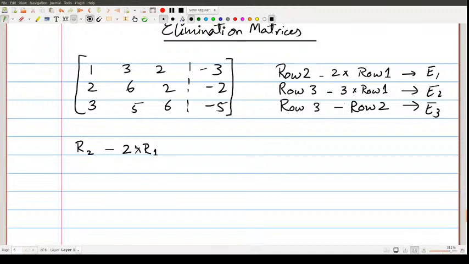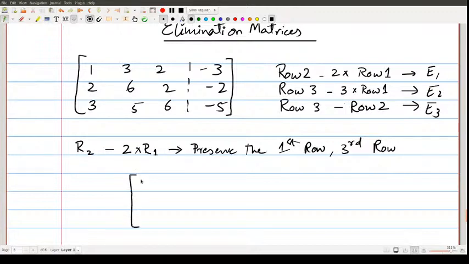We saw how to build a matrix to do this elimination. We want to preserve the first row, and since we're only doing the row operation on row 2, we also want to preserve the third row. To preserve the first row, all we need is a row which has 1 in the first column and then 0, 0.